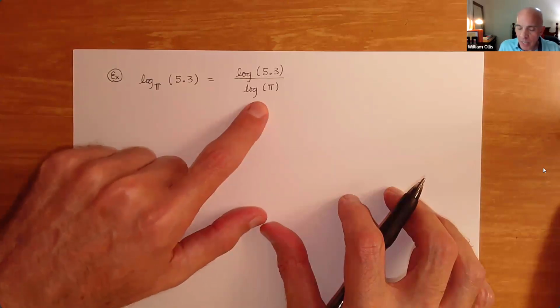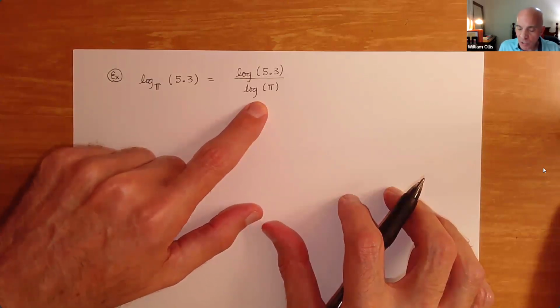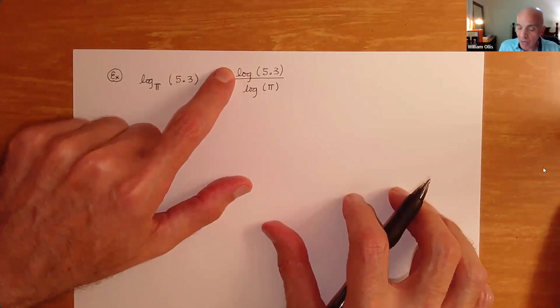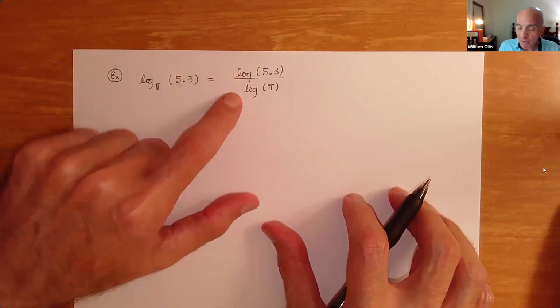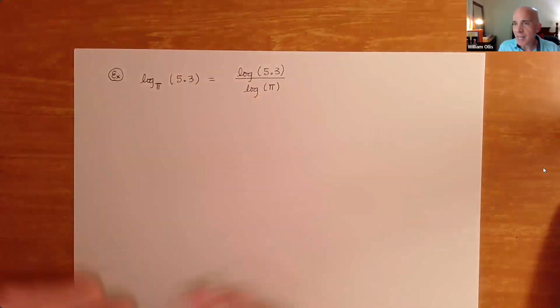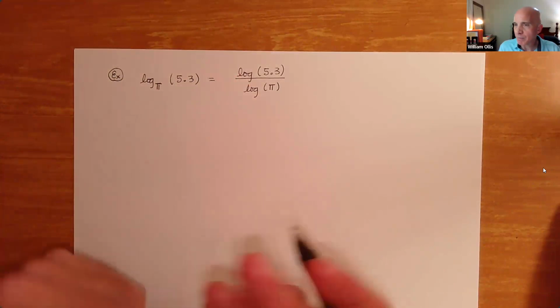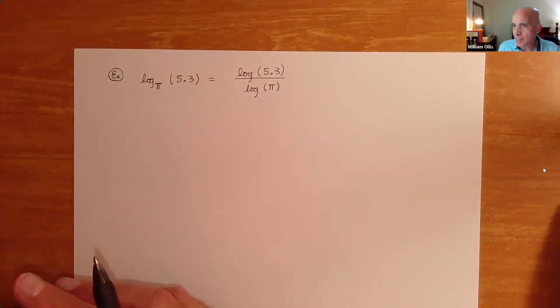So now, if your client needs an approximation here, you can simply use your table and take the base 10 logarithm of 5.3 and divide by the base 10 logarithm of pi. Now, of course, that in and of itself is not going to be perfect because pi doesn't terminate. And so maybe you'll use 4 or 5 decimals of pi. That will make the approximation good to maybe 3 or 4 decimal places.